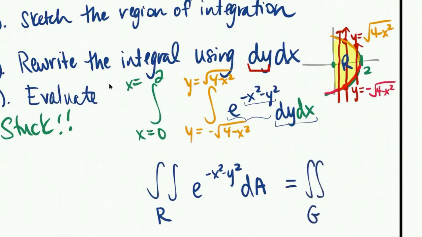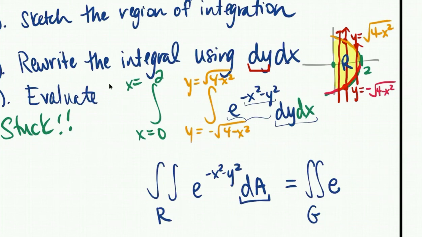I'm just going to call that G, that polar rectangle. How could we switch the integrand into polar? And then how could we switch the dA to be equivalent? So what is dA going to be in terms of r, theta, delta r, delta theta?